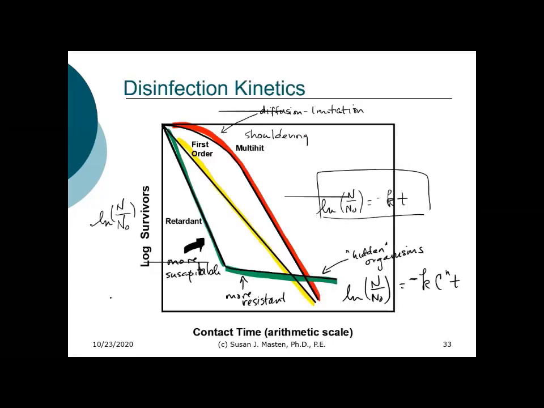A question was just asked about the retardant curve. Could it be the result of adaptation? Yes. On a short scale, not likely, but on a longer scale, yes. And we see that with antibiotic resistant organisms, where you have organisms that are more resistant to an antibiotic.